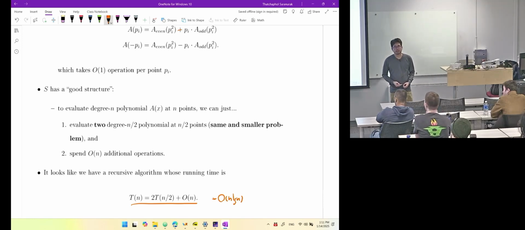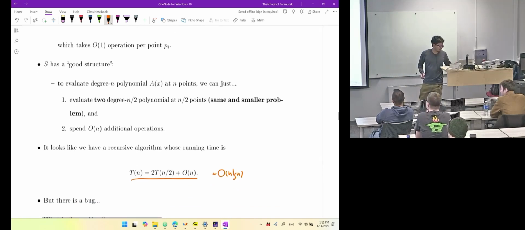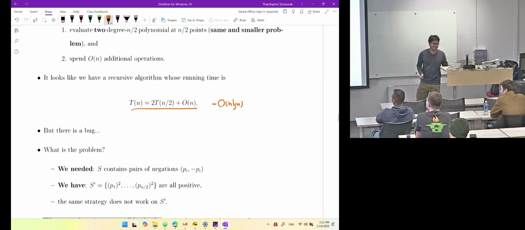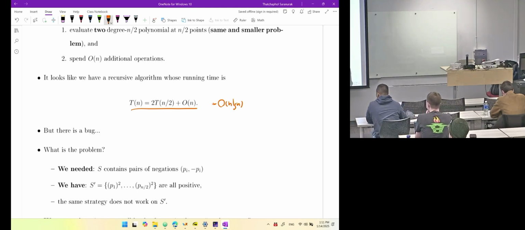But isn't it not, because S, we wanted it to be negation pairs? Exactly. This is exactly what we are missing here. There is a bug in the argument that I tried to make. The problem is exactly what you said. The structure of S is such that you have negation pairs, but when you recurse to S prime, they are all positive.